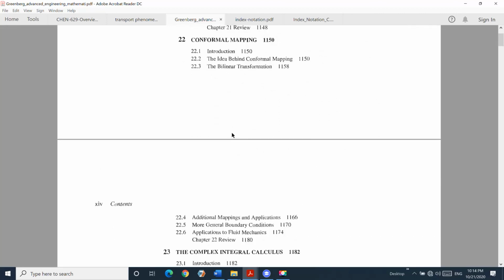In the next two or three videos, I'm going to go through these parts and chapters in detail and try to emphasize the important statements, paragraphs and sections.